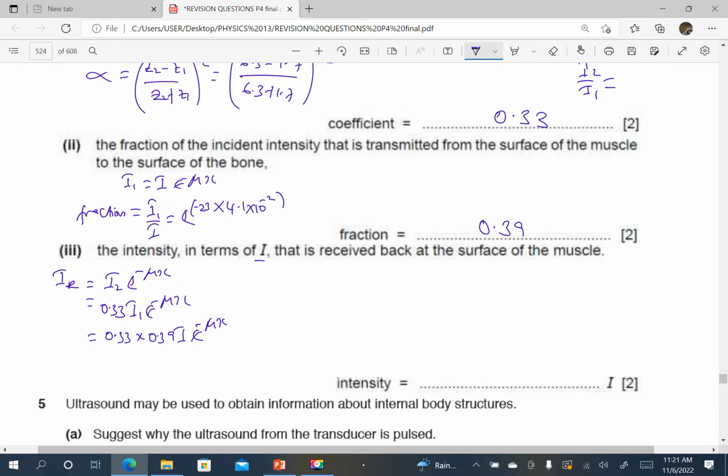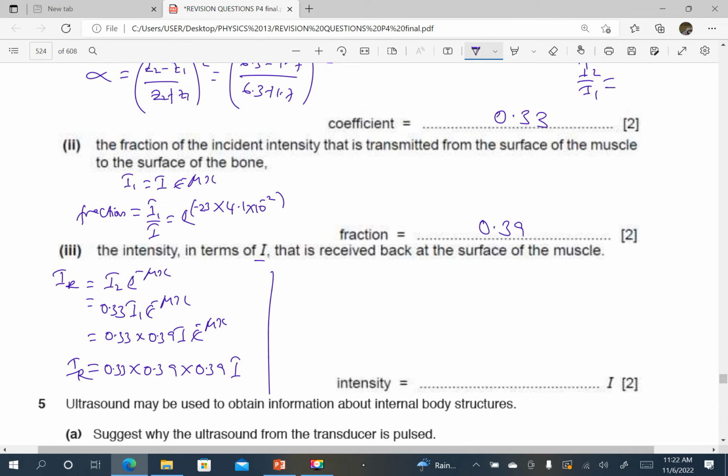Remember, we are now again going to substitute for mu and x in the opposite direction. So mu was 23 and x was 4.1. So we get the same thing as 0.39. So this is going to be 0.33 times 0.39 times 0.39 again times I. So that is IR.